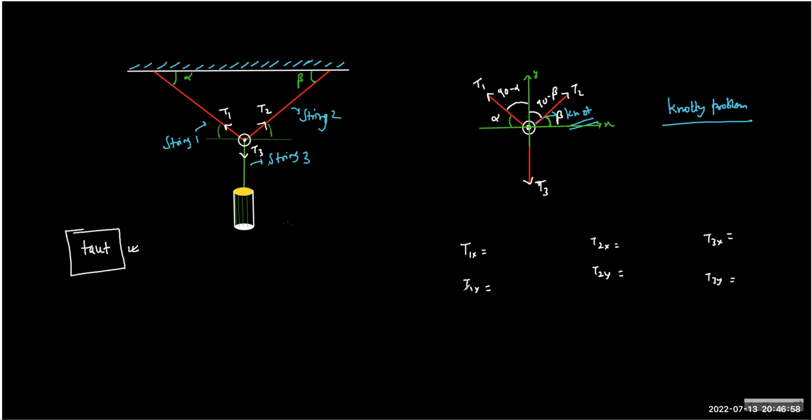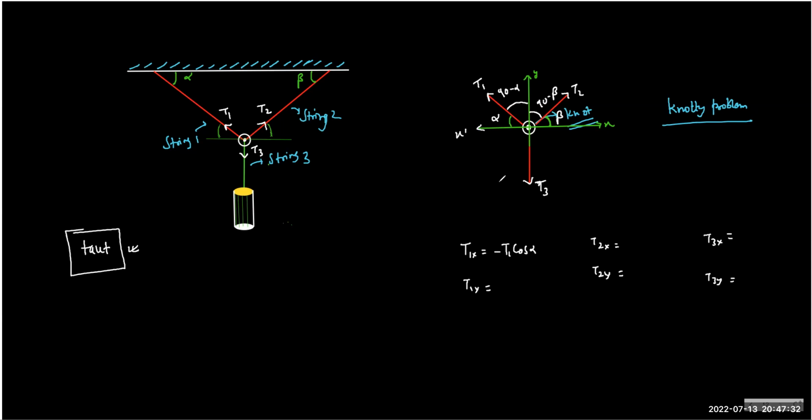So can I do this? Sir, we can say it orally also. Yeah, just tell me already. I mean, that's it. In terms of course, T1, T2, T3 in symbolic form. So what is T1x? See, T1x is, yeah, T1 cos alpha with minus sign. Why? X is on the right, but alpha is with the minus x-axis, right?